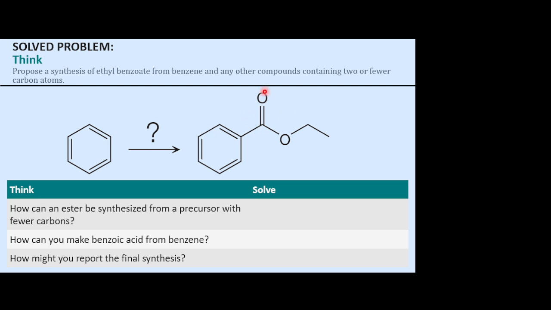One of the ways that we would want to do this is benzoic acid. This was one of what we called carboxylic acid derivatives, right? We had a whole series of reactions where we take different carboxylic acid derivatives and get them from one to the next, going back and forth. Whole chapter.